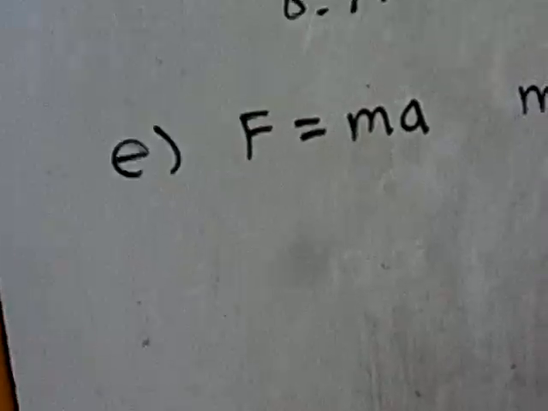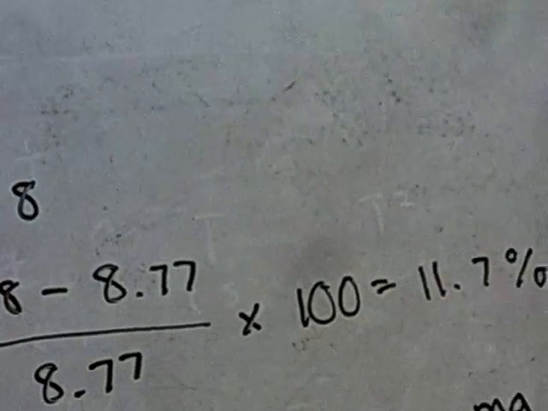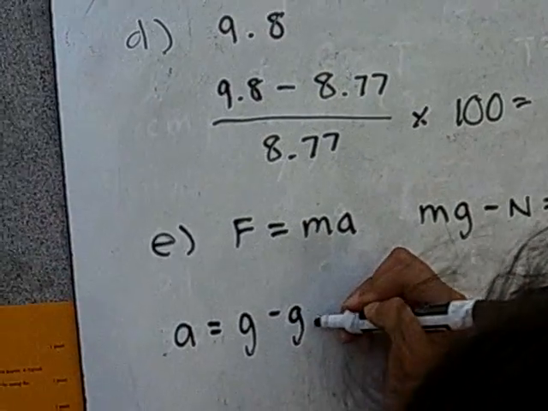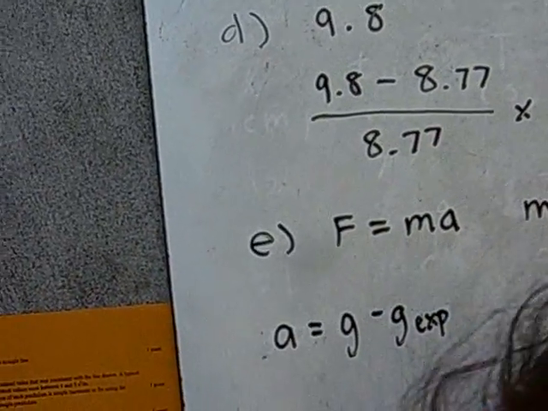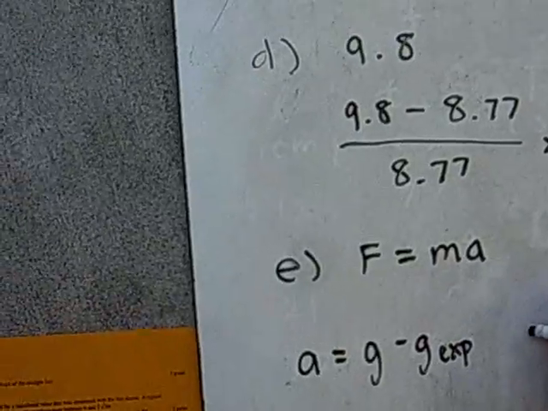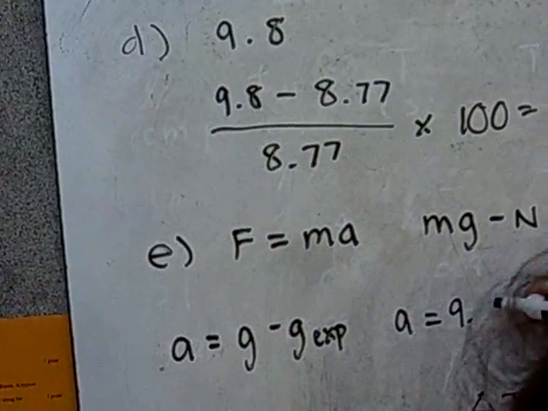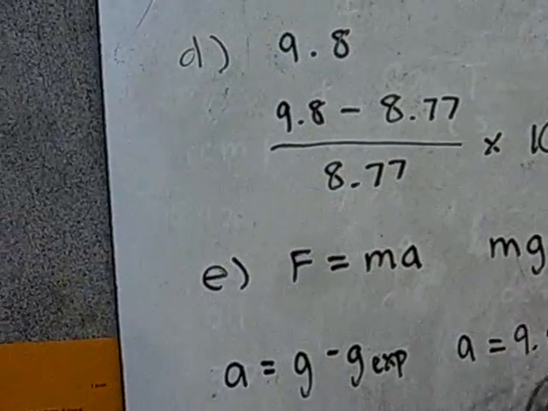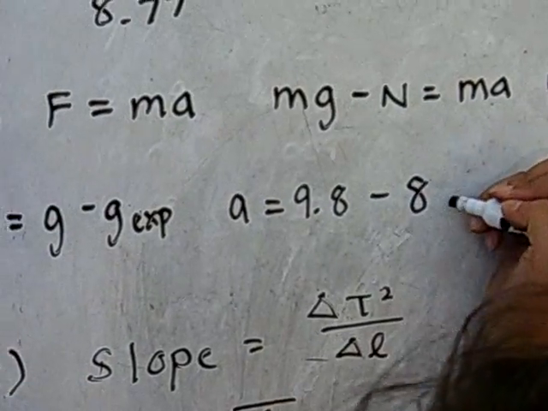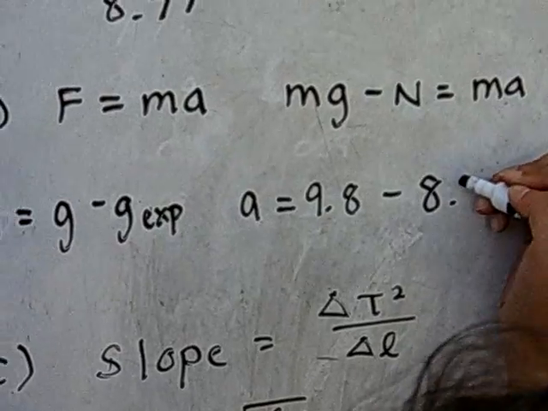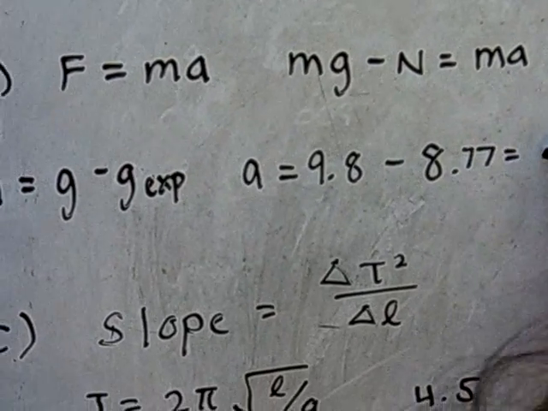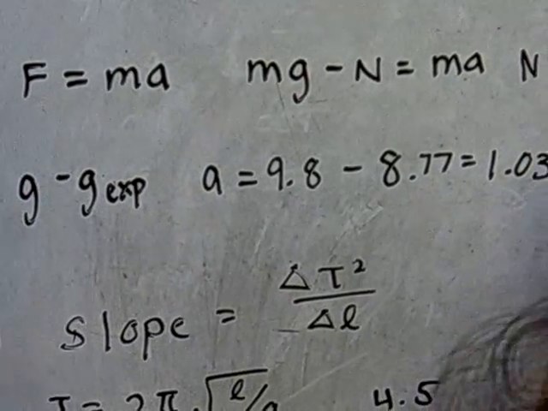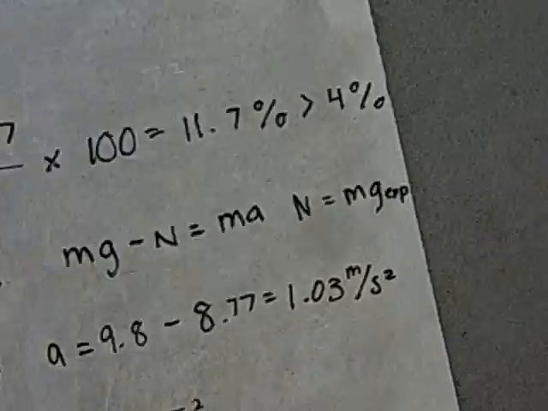So actually you can divide both sides by m, and you're going to end up with acceleration will be equal to g minus the g experimental value. So just plug those numbers in to find a, where a is going to equal 9.8, because that's the original g, minus the experimental value. In this case, we're going to have 8.77, and that'll come out to be approximately 1.03. Yay, we're done. Okay.